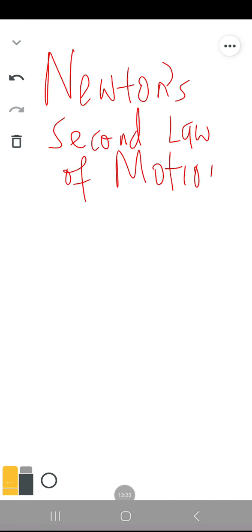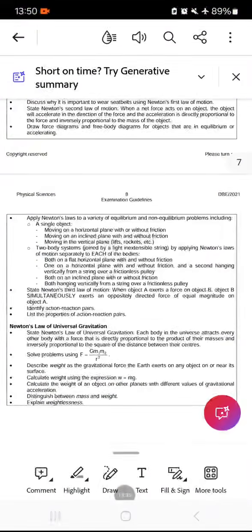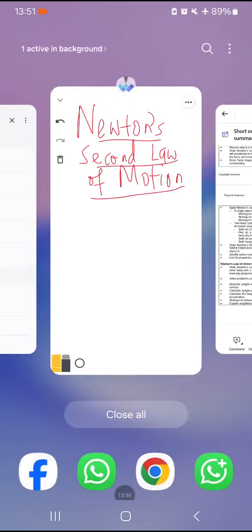From this definition of Newton's second law of motion, they're saying, let's read it again, when a net force acts on an object. So a net force must act on an object, and the object will accelerate. Whenever a net force acts on an object, the object will accelerate. What is it to accelerate? That is the first thing that you must also try to cover.